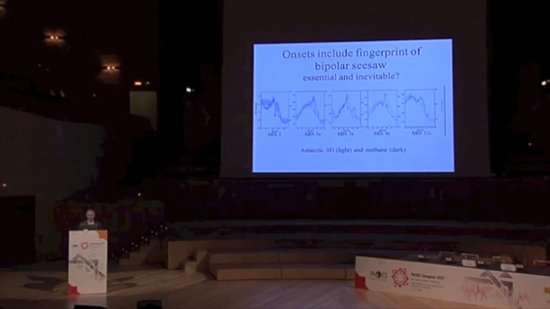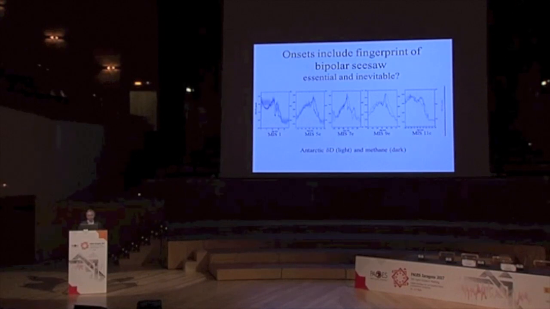I think the answer is probably yes. And is it inevitable? I think the answer is also yes. It's inevitable because you get a lot of meltwater at a termination, so you're bound to get bipolar seesaw activity. And it's essential because this is actually the way you start the termination.